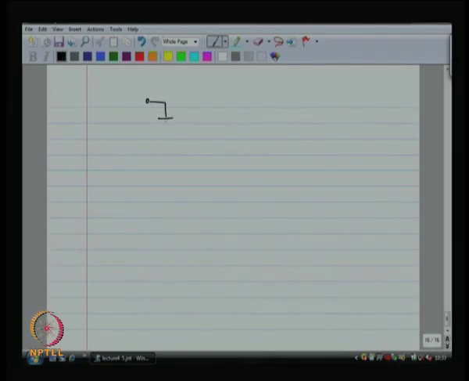Let's think of the following. So, this is the matching network.